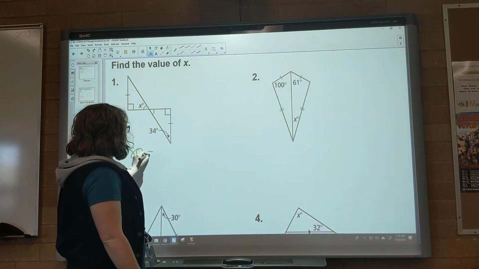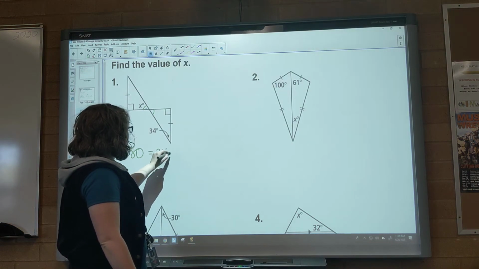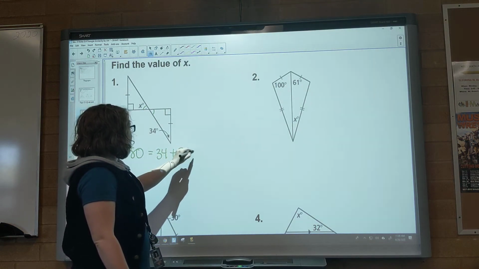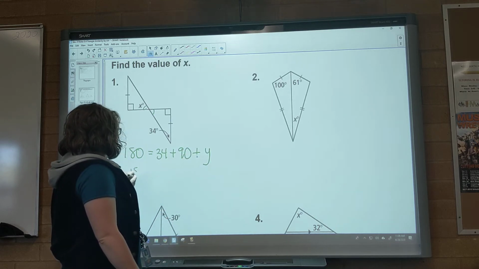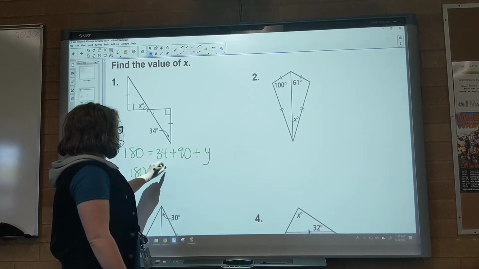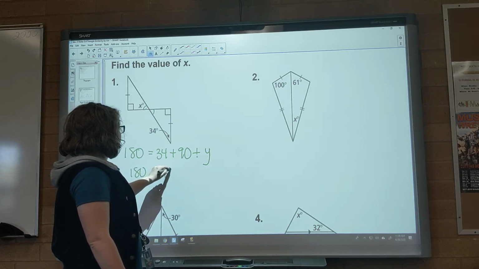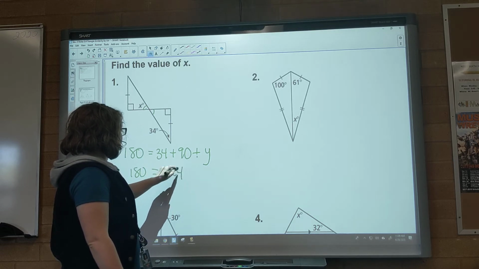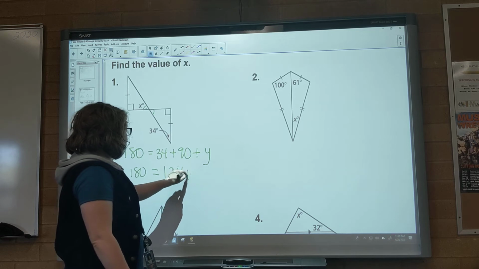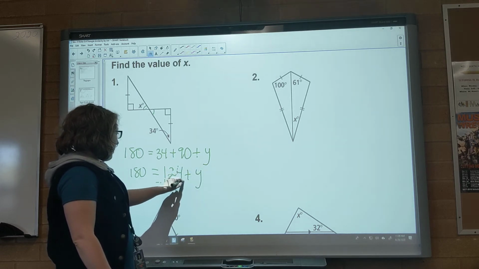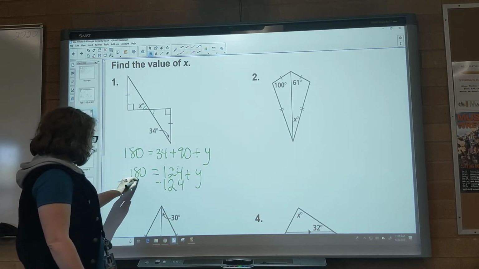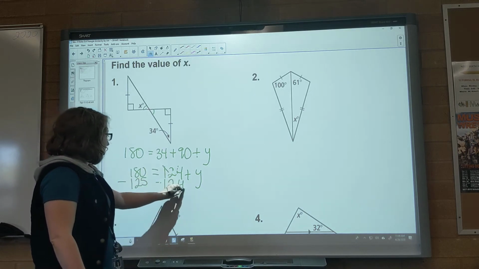So I'm gonna go 180 is equal to 34 plus 90 plus, I already have x on there, so I'm going to say y. 180 is equal to 124 plus y. Minus 124.